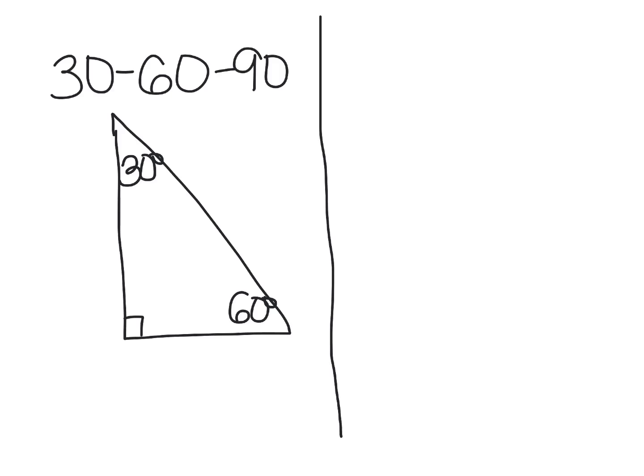So across from the 30 degree, whatever side value that is, let's say that it's x, then I'm going to follow this pattern where the side opposite from the 60 degree angle is going to be that same value of x but multiplied by the square root of 3. And then the hypotenuse is going to be the same value of x but multiplied by 2.